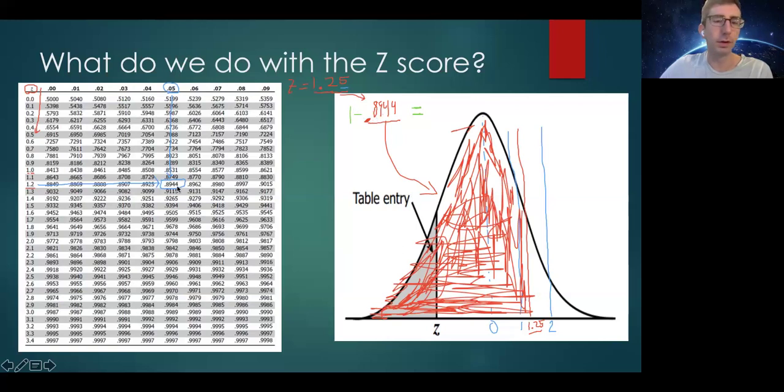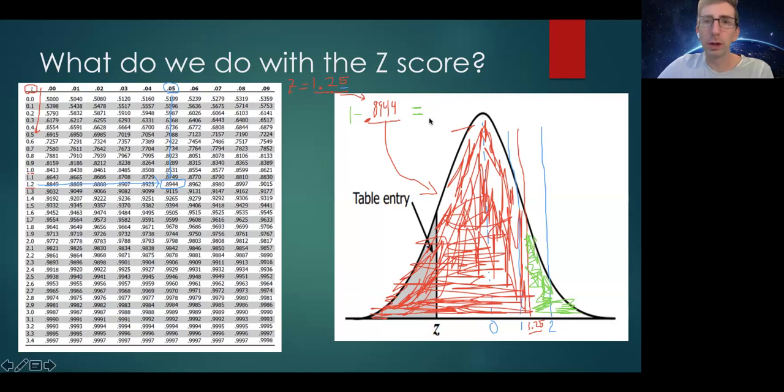We're only ever given the area to the left, so we still would find this, and then we can simply take 1, because the total area under this curve is always 1. So we take the total area of the curve, which is 1, subtract the piece that we did find, and what we will be left with is the area under the curve to the right, which is what we would be looking for.